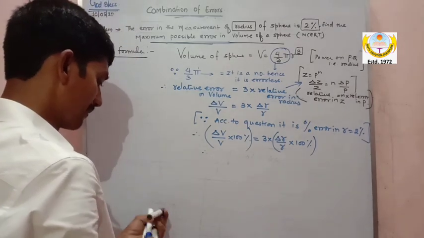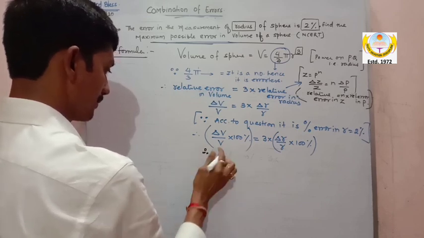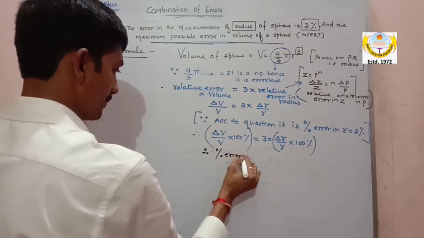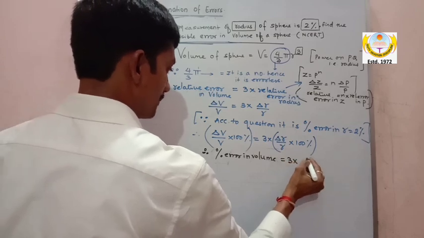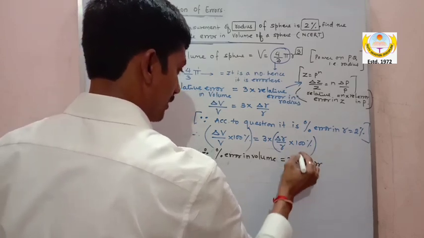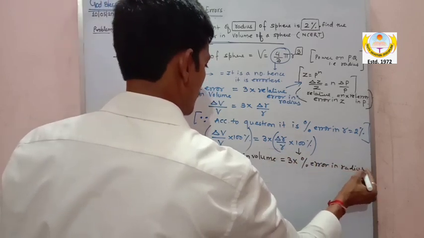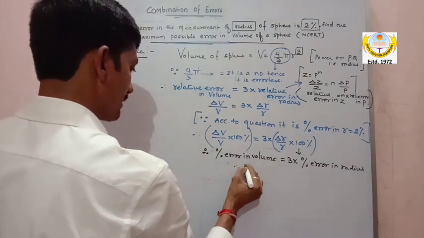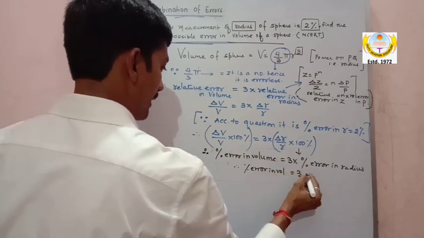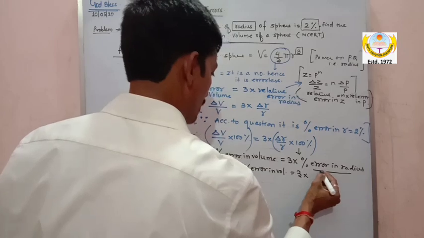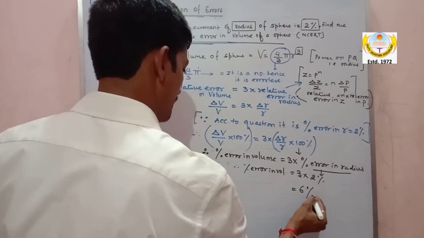Therefore, my dear, percentage error in volume is 3 into, this is called percentage error in radius, and therefore percentage error in volume is equal to 3 into percentage error in radius. In the question it is given 2%, so the percentage error in volume is 6%.